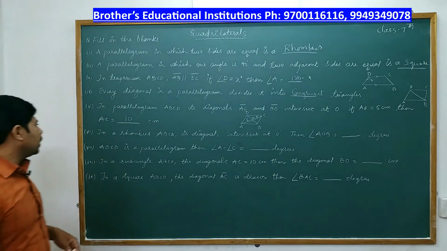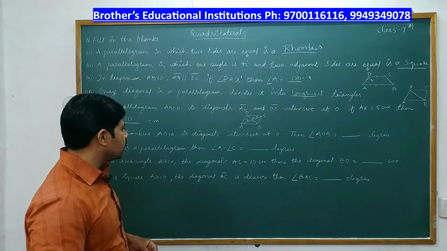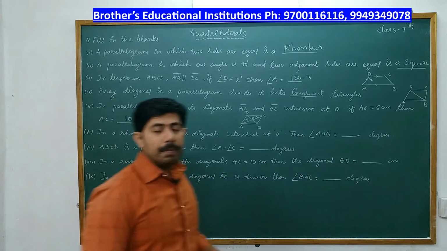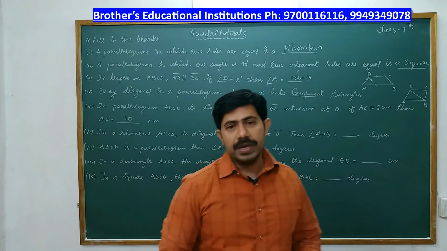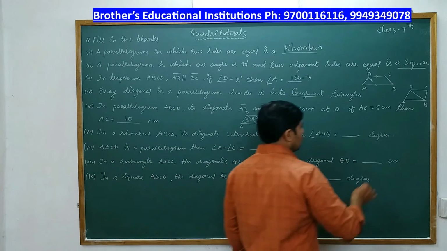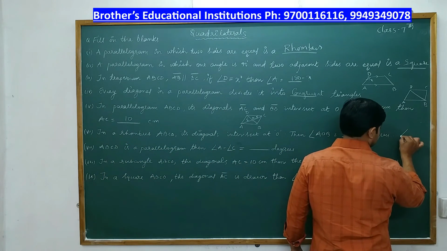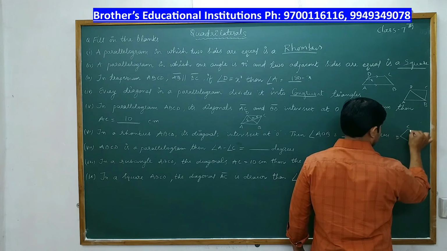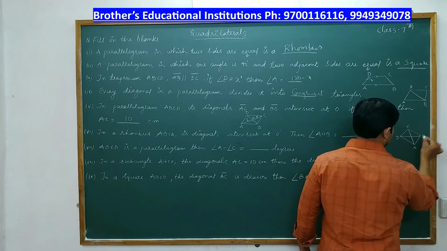Then after that, in a rhombus ABCD, its diagonals intersect at O. What is angle AOB? Angle AOB will be 90 degrees, because in a rhombus the diagonals bisect each other at right angles.